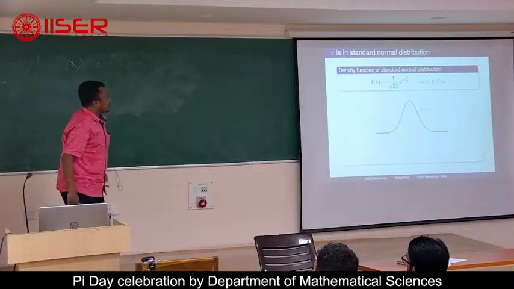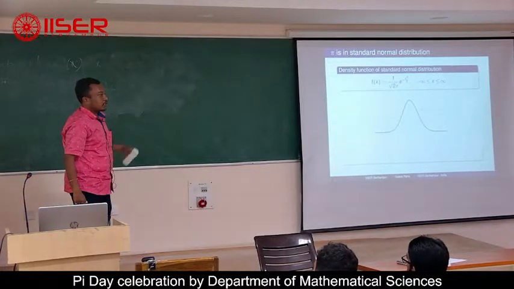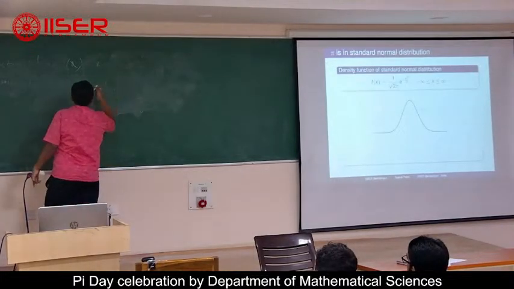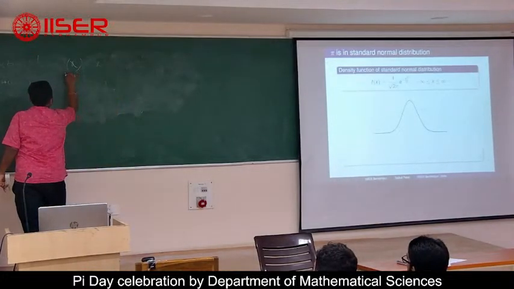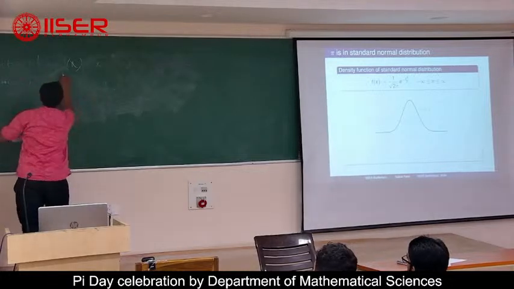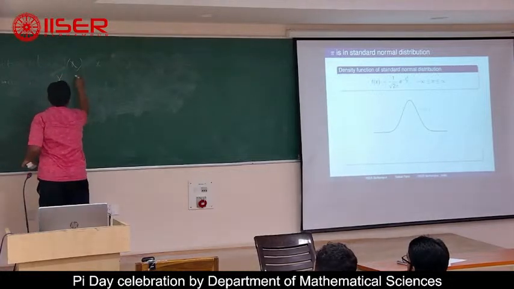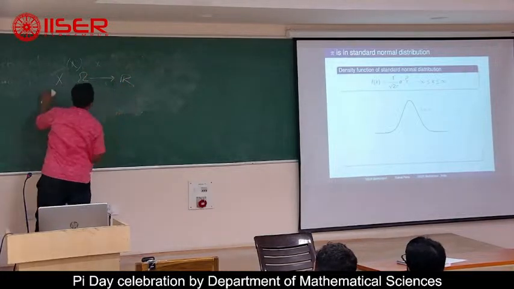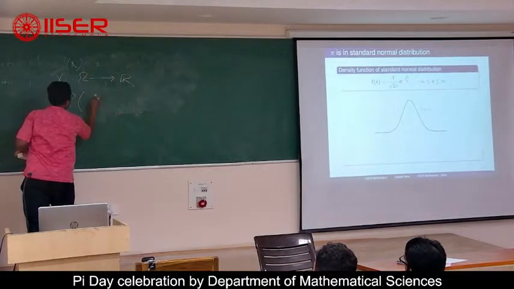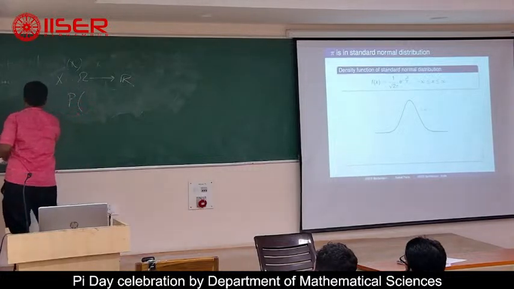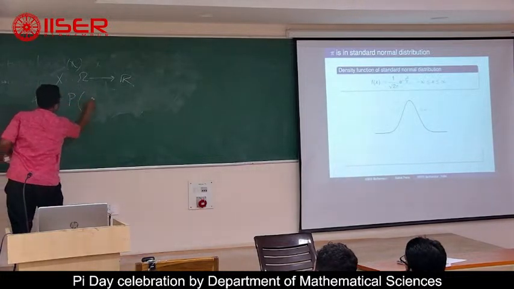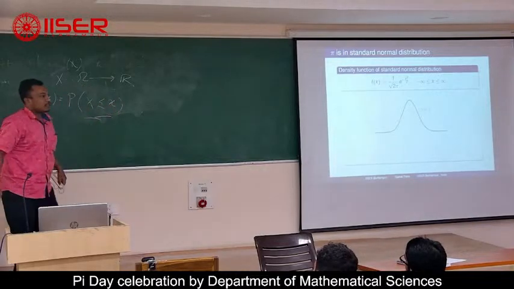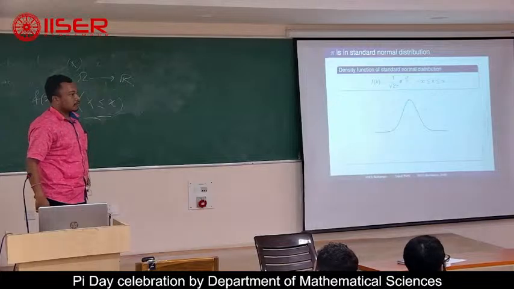Maybe I skip this one because I will tell later, but at least know that if x is a random variable, then the probability distribution function at a point is the probability of that event happening.